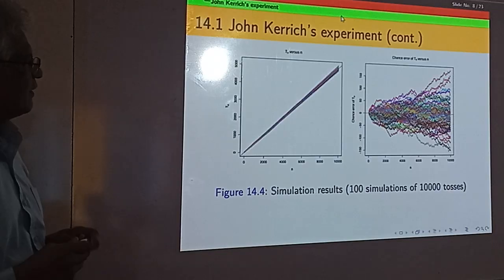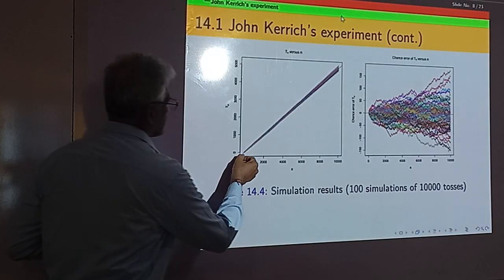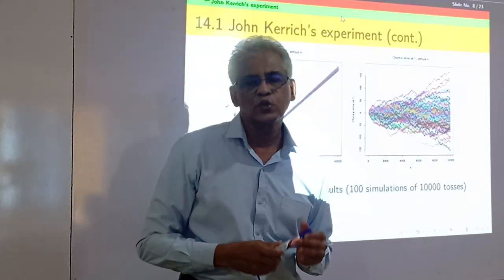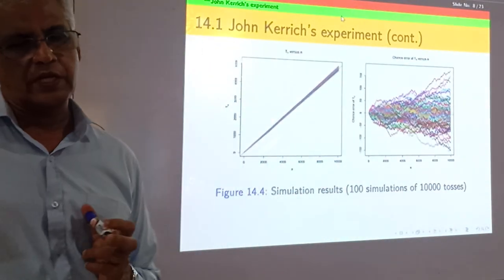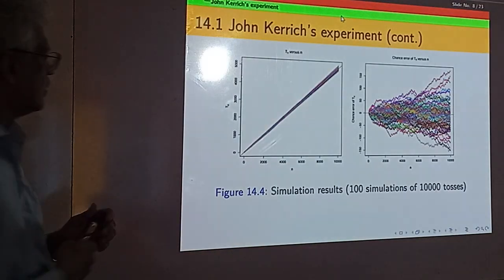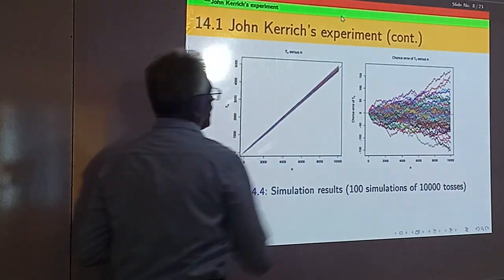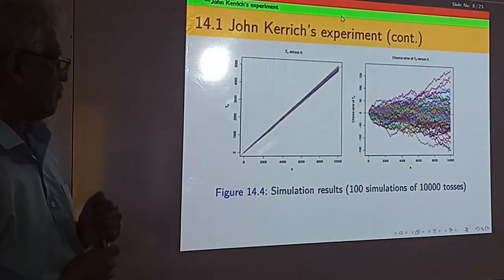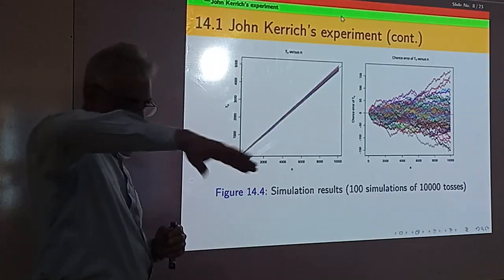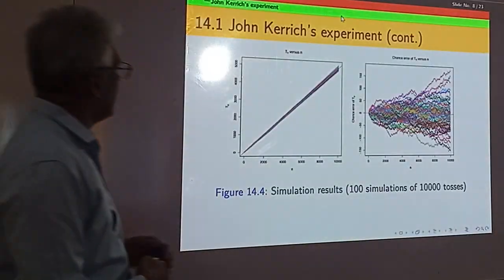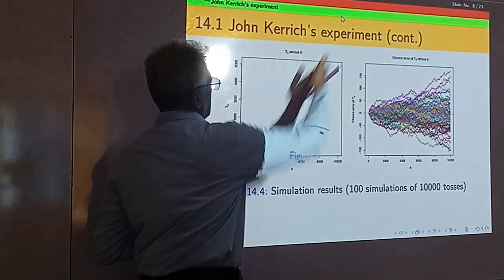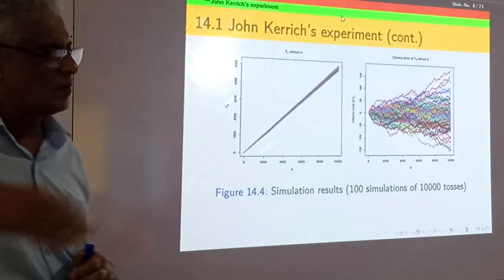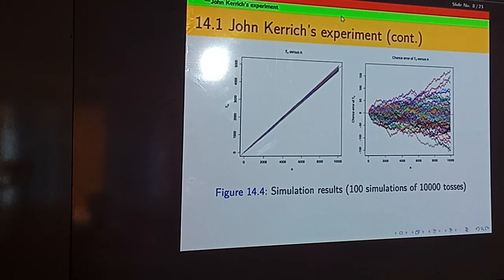What can you see here? This is the expected number of heads, which is always n over 2. If you have done it n times, then the expected number of heads is n over 2. So this middle line here is the line y equal to n over 2, with a slope of half. You can see that these curves, like what you saw earlier, are sometimes all above the n over 2 line, or some of them are below the line, or some are crossing.